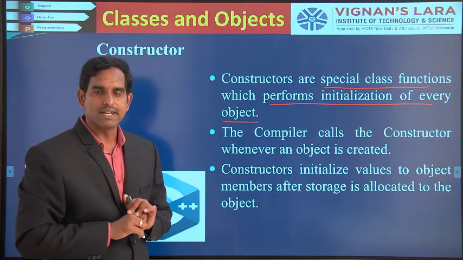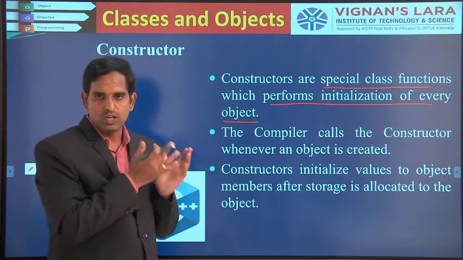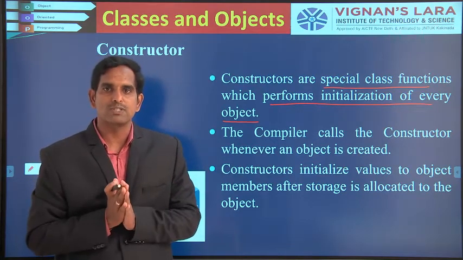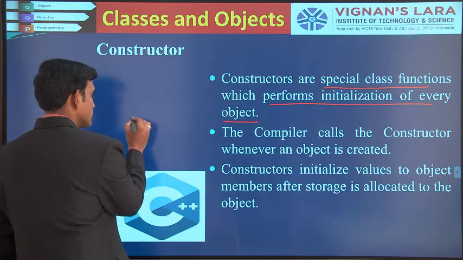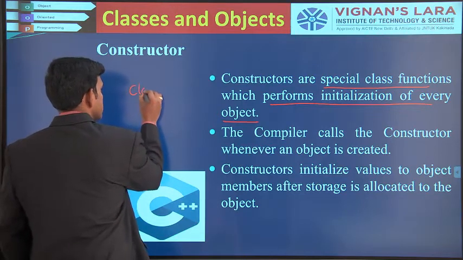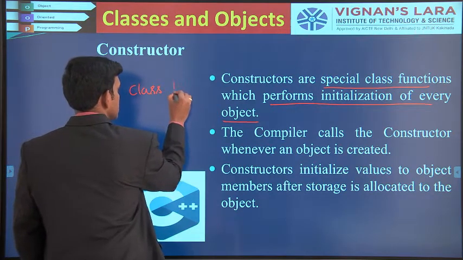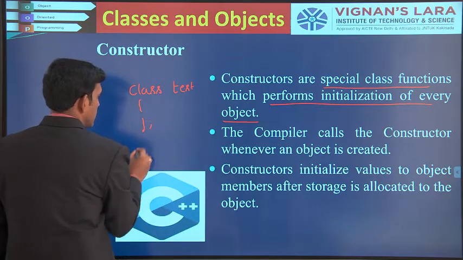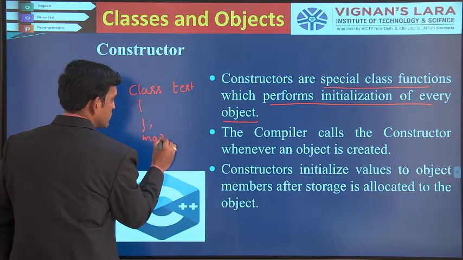What you have to understand here is, whenever you create an object, say you have a class test, and inside main you create objects directly.